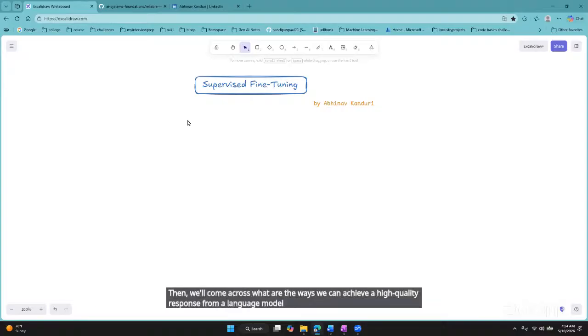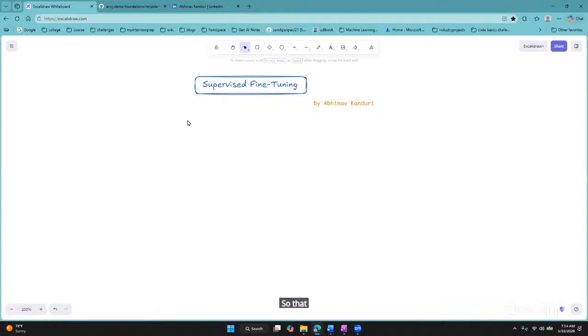We'll also see what other concepts are involved apart from supervised fine tuning, so that we'll know which concepts play a vital role in a language model's response and when to use each concept.